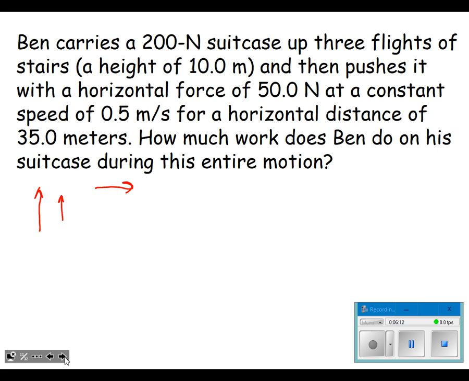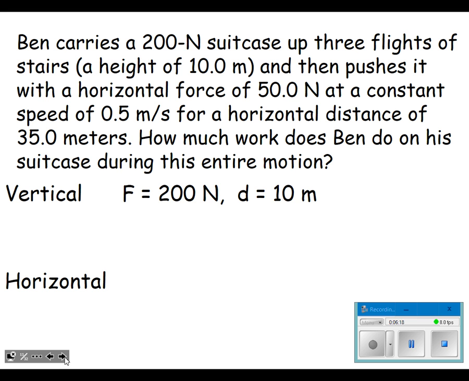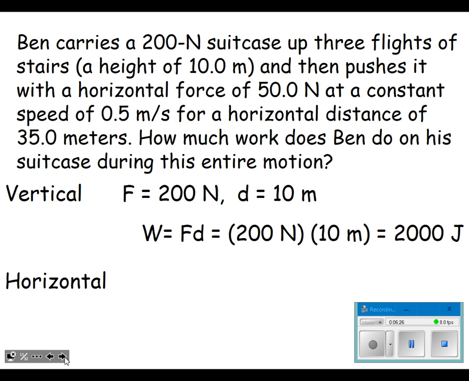So we're going to have to find this in parts because we want to find how much work he did for the entire thing. So vertically, as he was going up, he lifted with 200 newtons to overcome gravitational force, and he moved a distance of 10 meters. So the work done there is 2,000 joules. And then horizontally, it's 50 newtons and 35 meters.